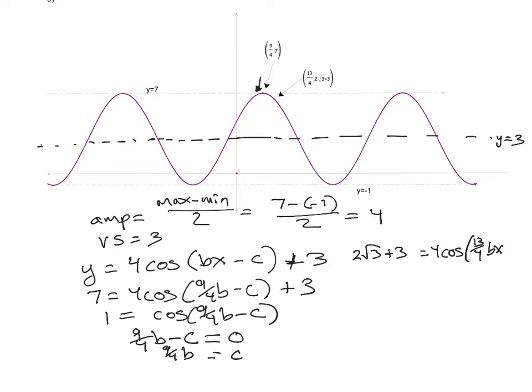I just plugged in 13/4 for x. And again, subtracting 3 will get rid of the 3, and then dividing by 4, I have √3 over 2 equals cosine(13/4 b minus c).